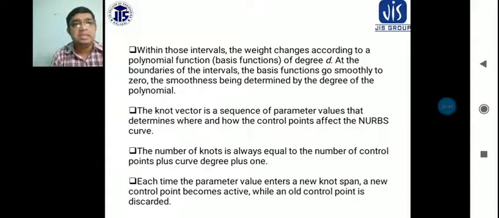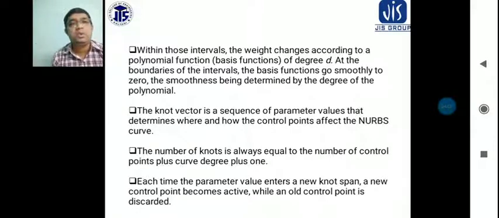Another thing: each time the parameter value enters a new knot span, a new control point becomes active while an old control point is discarded.